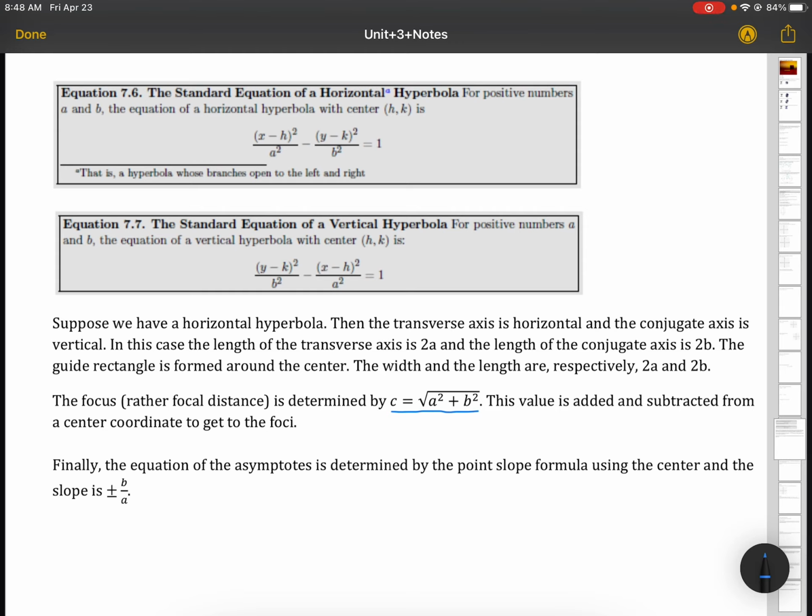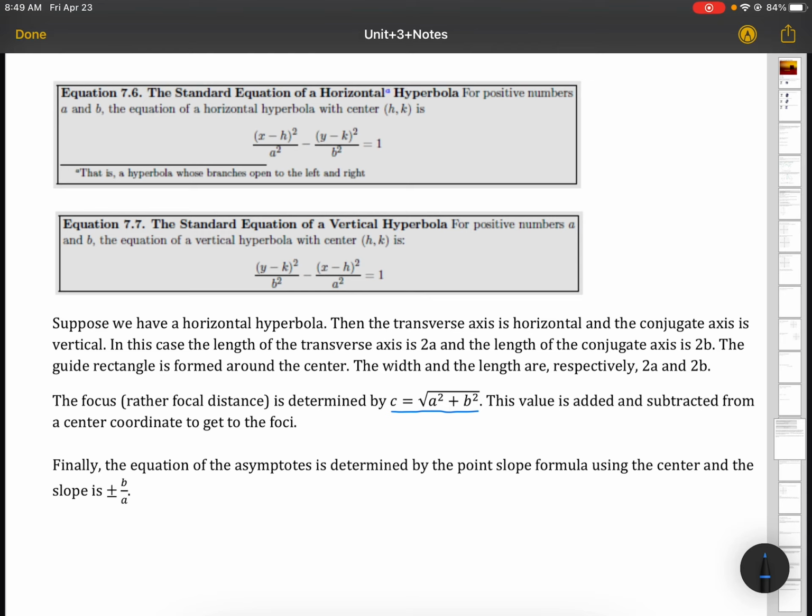And to get to your foci, you're going to add and subtract from one of the center coordinates. If you have a horizontal hyperbola, you're going to use that c value and change the x value. If you have a vertical hyperbola, you're going to use that c value and change your y coordinate.